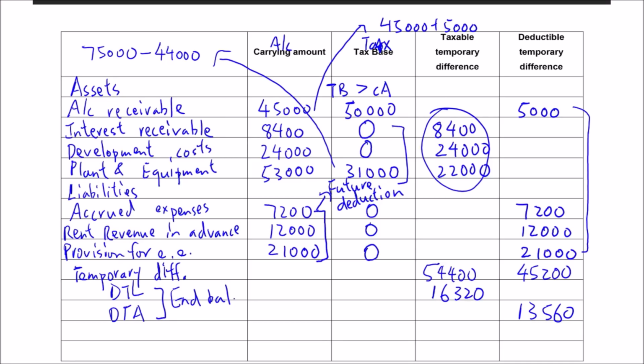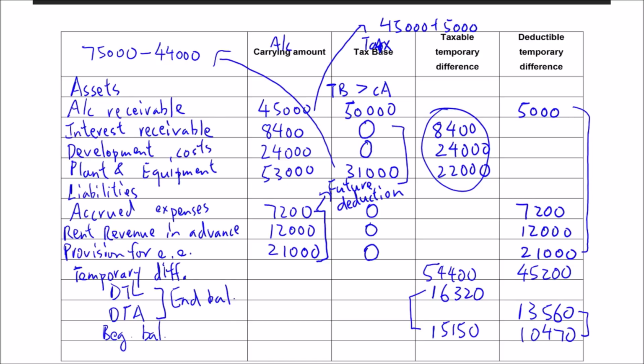So now we are going to write down the beginning balance. Based on the 2016 balance sheet, you notice that we have 15,150 of DTL and 10,470 of DTA. What you need to do next is compare the beginning and the ending balances.